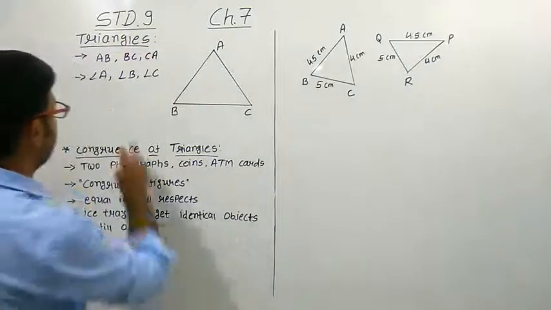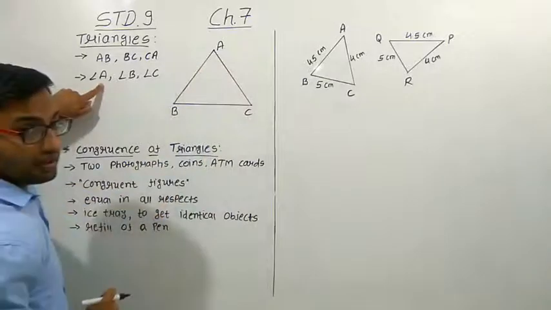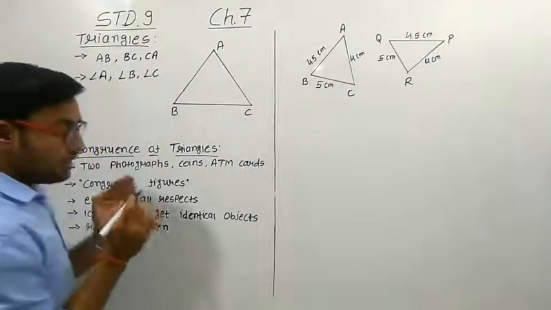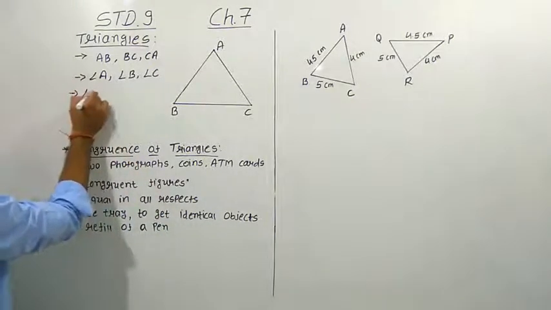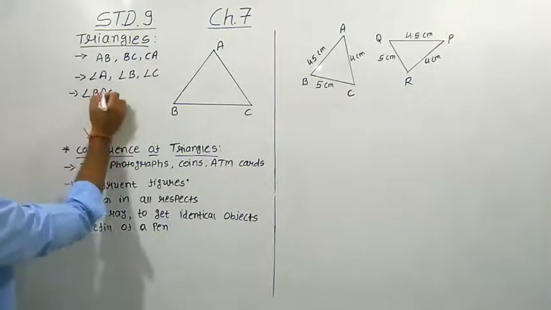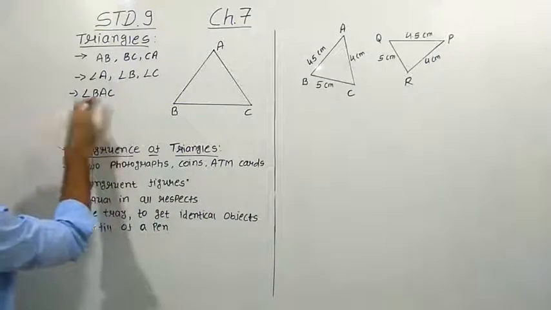We can also write angle A as angle BAC. Right? Whatever the main angle is, it must be in between. So angle A we can write as angle BAC. This letter A must be in between the other two letters.